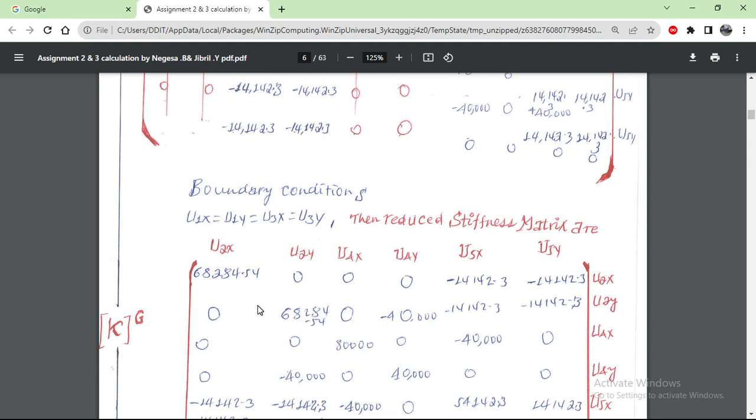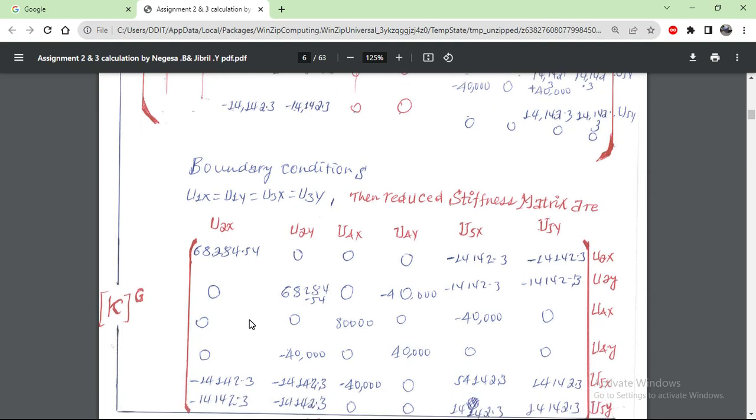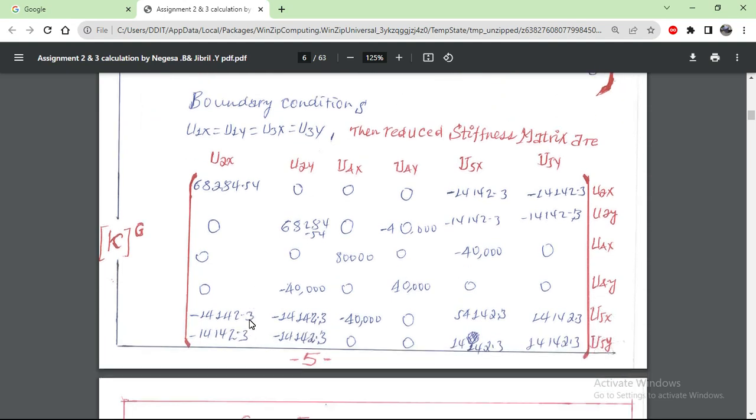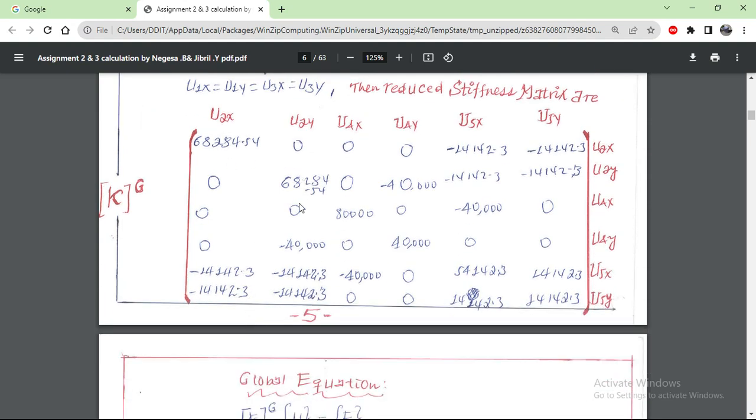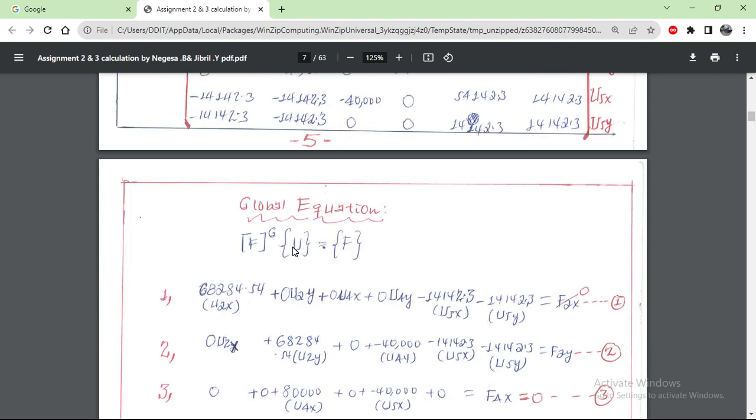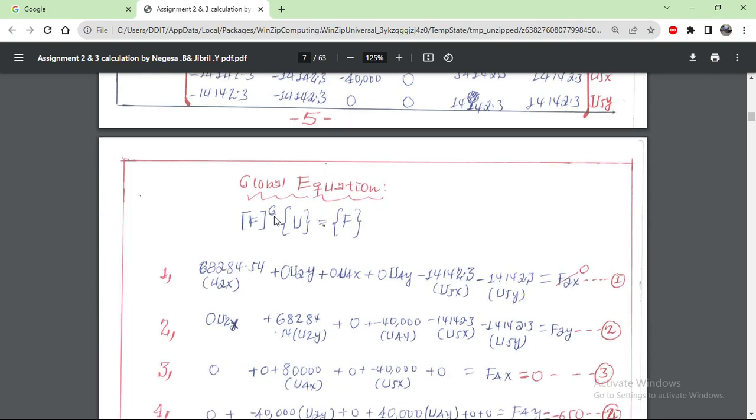Kg means global stiffness matrix. Then the global equation is given by global stiffness matrix times displacement equal to reaction force. The forces are given. Then from the global stiffness matrix we generate those equations.